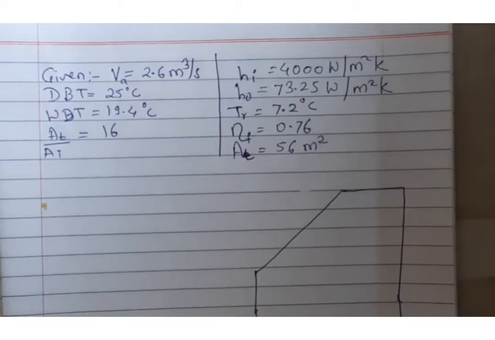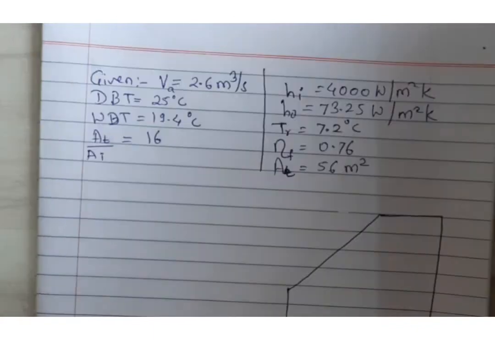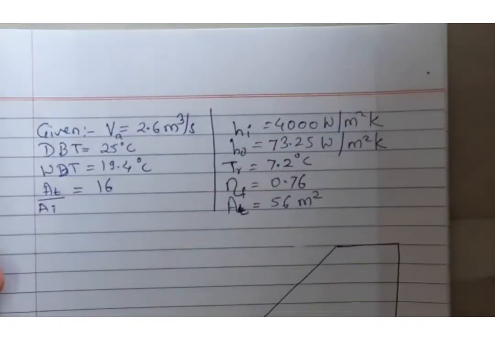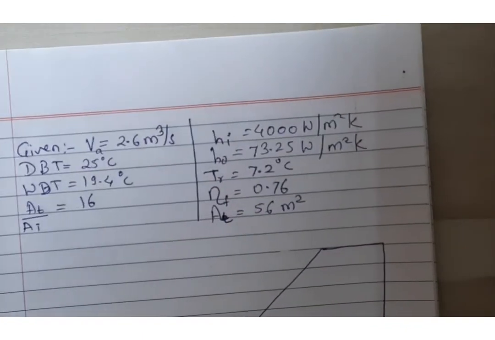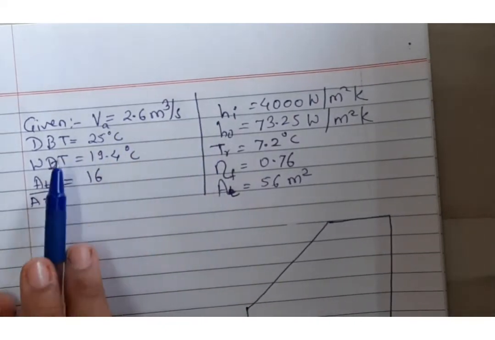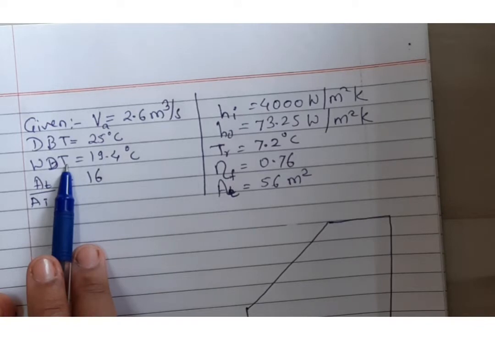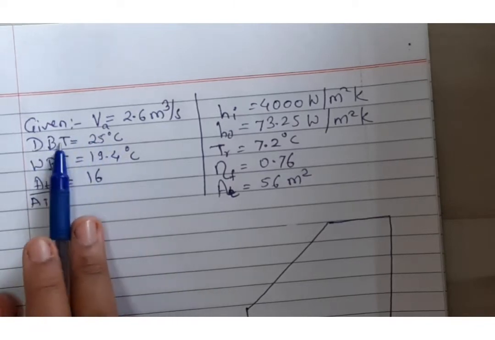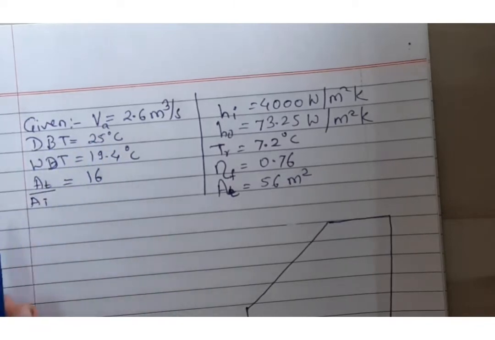Again, as I said, we are supposed to first choose which method we are supposed to use for solving this numerical. So let's see the given data. Volume flow rate of the air is given to us. Inlet condition for the air is given by using these two temperatures, that is DBT and WBT.